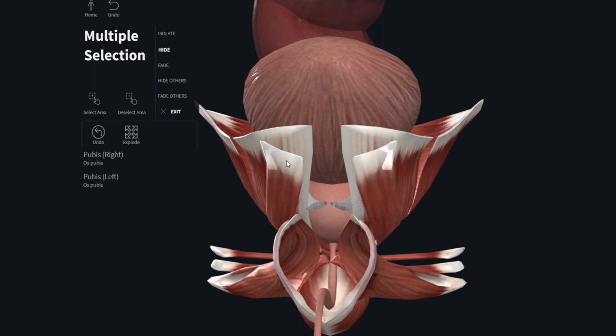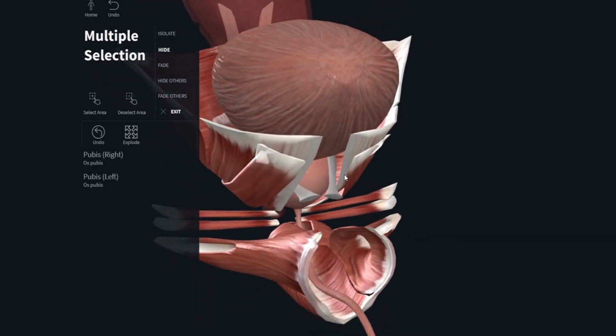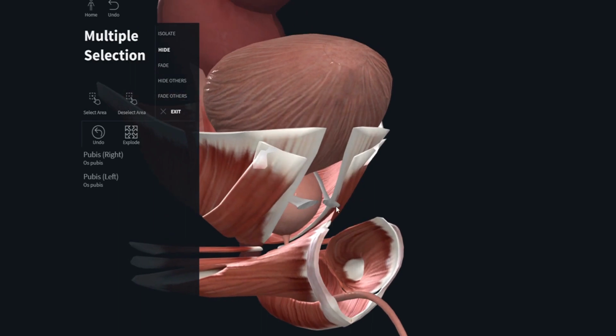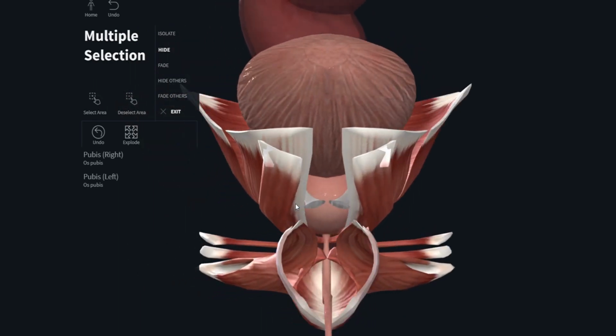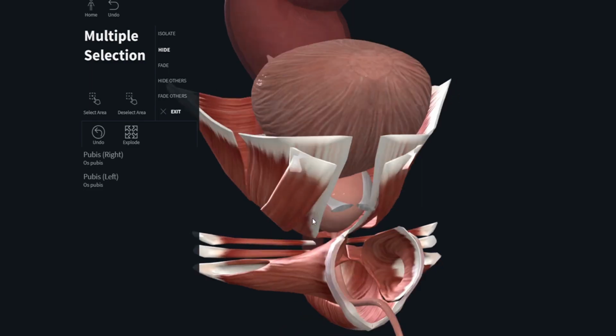We also have the urogenital fascia, or the urogenital diaphragm, which is also in the anterior relation. Most importantly, you can see this small ligament, known as the puboprostatic ligament, that connects the prostate anteriorly to the pubic bone.